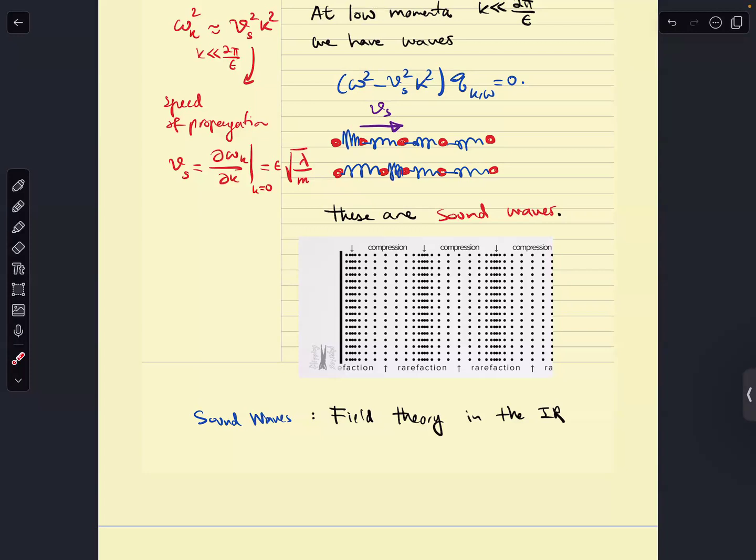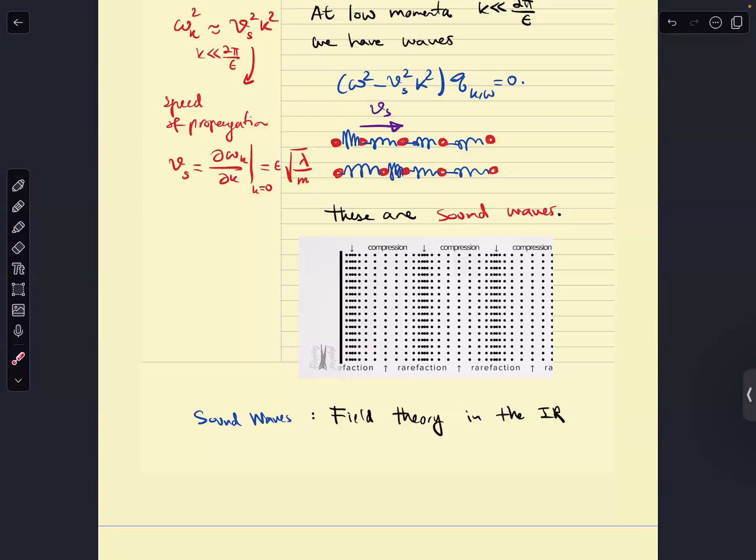So recall that in the UV, in the ultraviolet, the degrees of freedom that we discussed were distinguishable particles, right? Each of the atoms, those were the degrees of freedom in the UV. In the infrared, we got these sound waves. We're going to see that once we quantize the system, these sound waves actually end up being bosons. So they have statistics, they're indistinguishable.